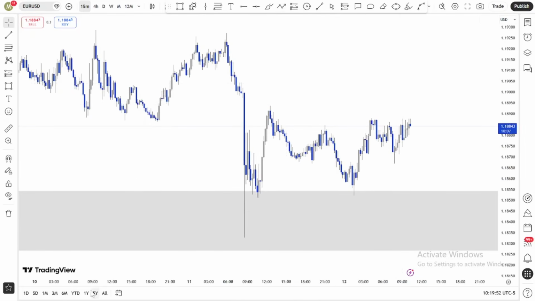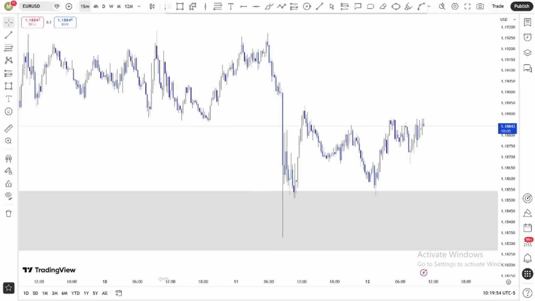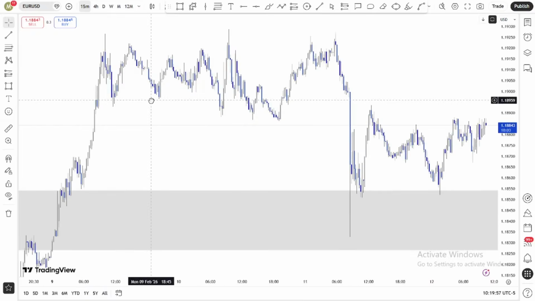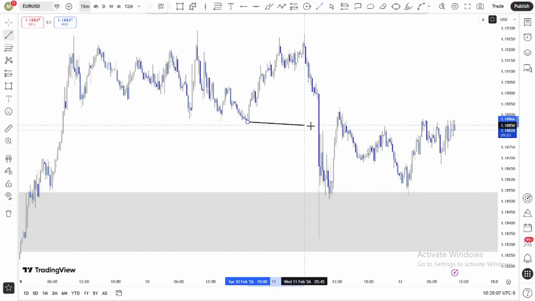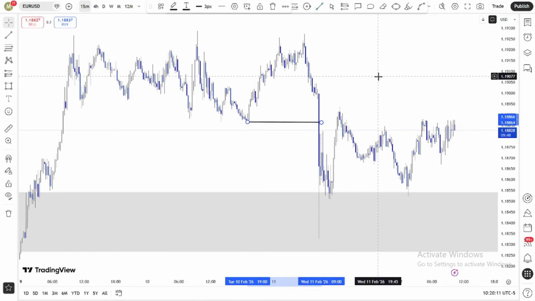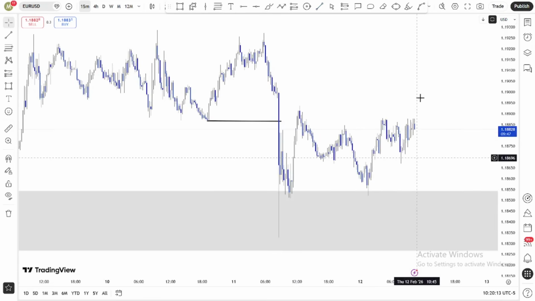Looking at this 15-minute time frame, you can see that the trend on the 15-minute time frame right now is bearish. But on the higher time frame we are still expecting price to trade bullish.